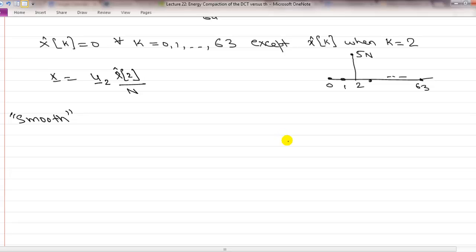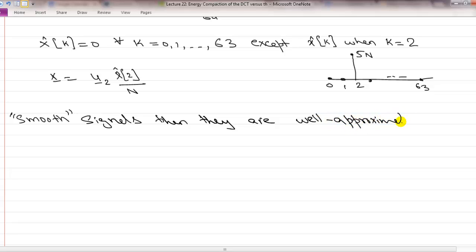As long as you have smooth signals, then they are well approximated by k-term approximations using the DFT.